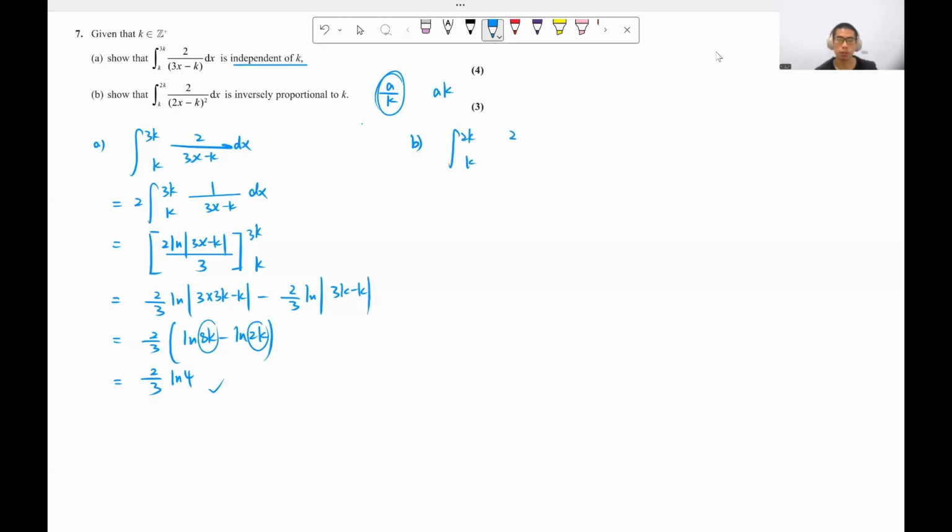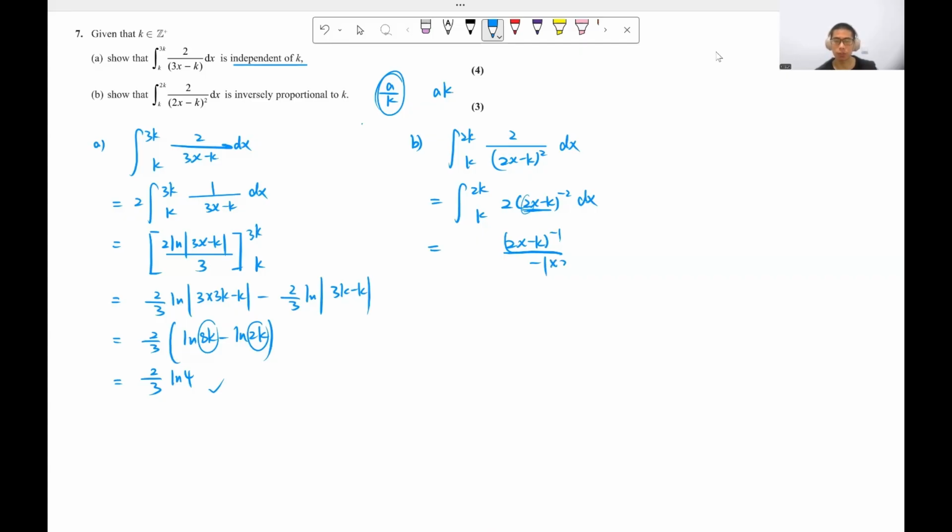The integral from k to 2k of 2 over (2x minus k) squared dx. So then that will be the integral from k to 2k of 2 times (2x minus k) to the power negative 2 dx. And because this is again just a linear expression, we can add 1 to the power and divide by the new power. And again, it's a linear expression, so we need to divide by the coefficient of x.